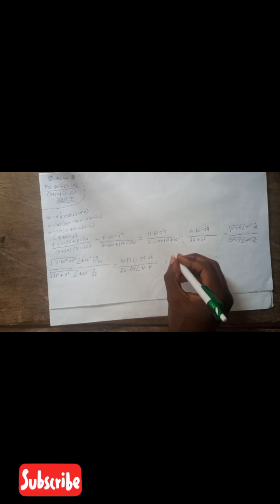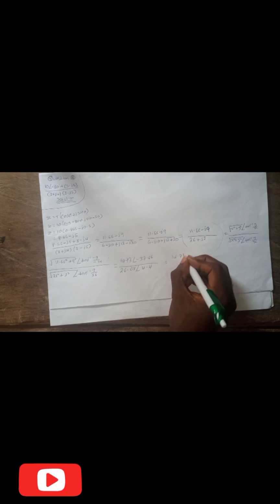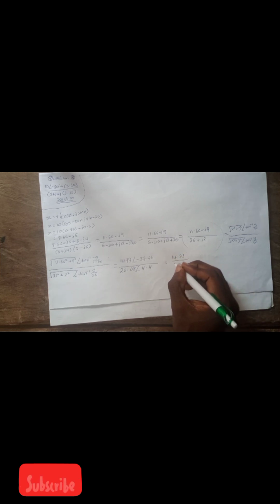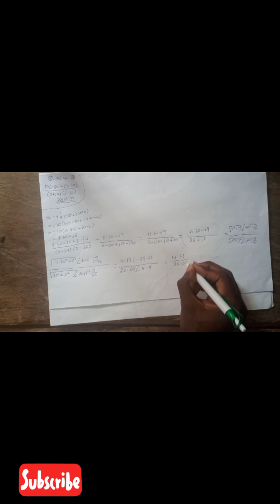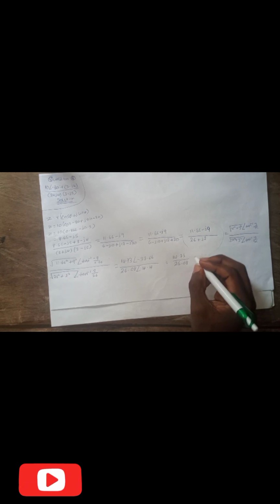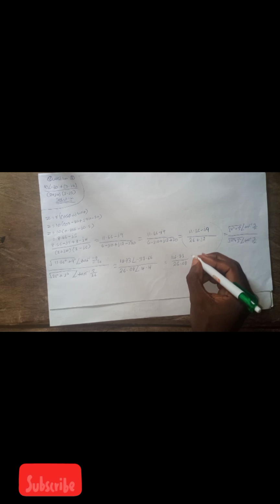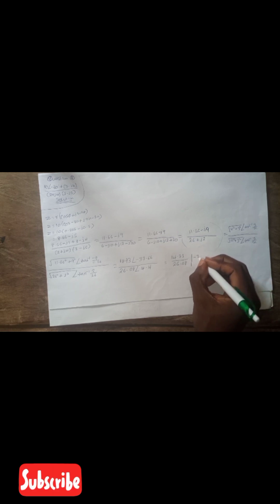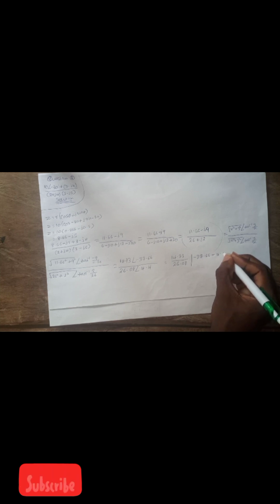At this stage in complex numbers, we divide these two magnitudes, then subtract these two angles. So it will be 14.73 divided by 26.08, and minus 37.66 minus 4.4.